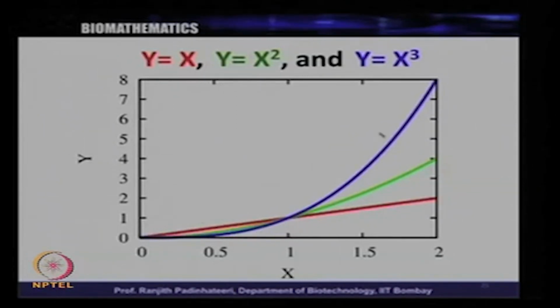But above 1, the green gets larger as we go to larger and larger x, and the blue, which is x cube, is growing much faster. The green actually grows faster than the red, which means x square is growing faster than x. For example, at x equal to 2, y is 2 for the red, for y equal to x square it is 4, and for x cube it is 8.